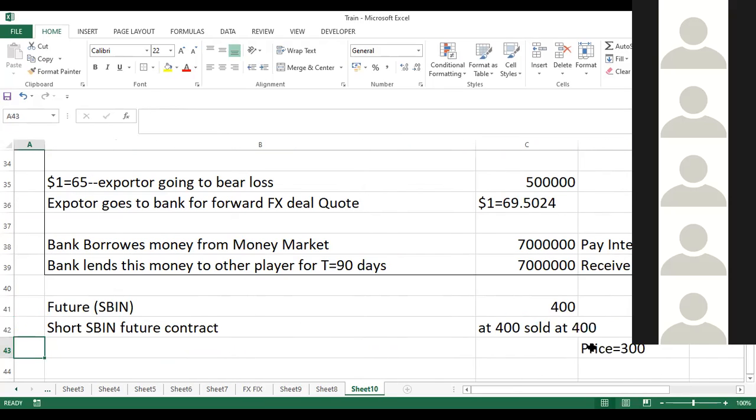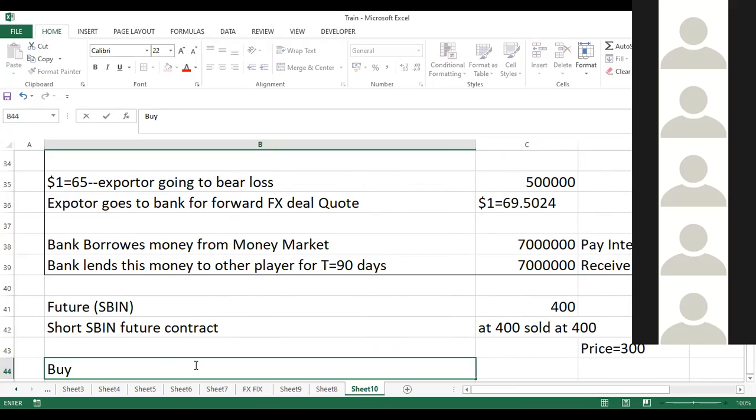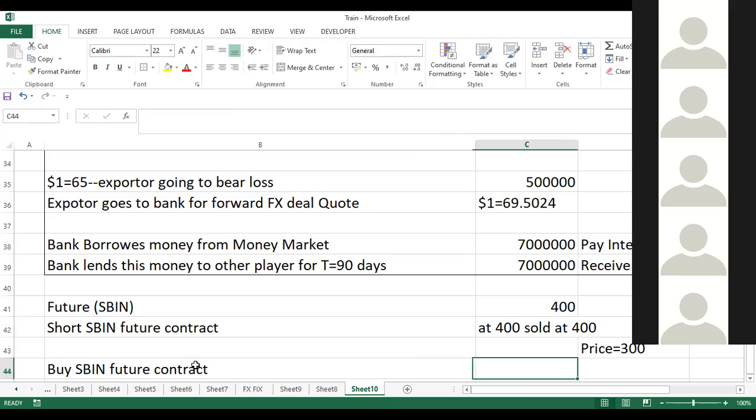You will buy the SBI futures contract at 300.